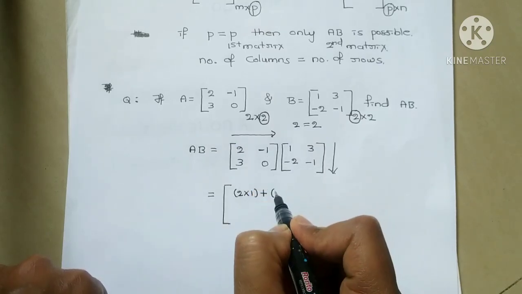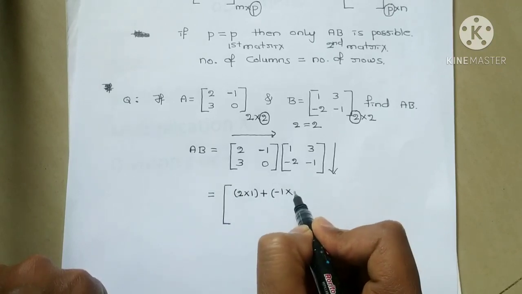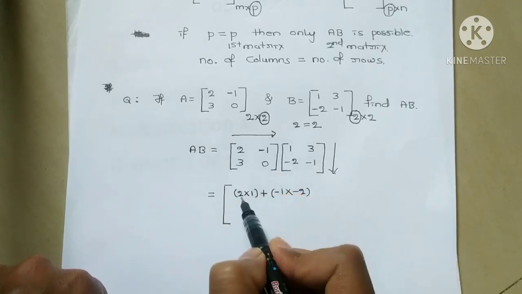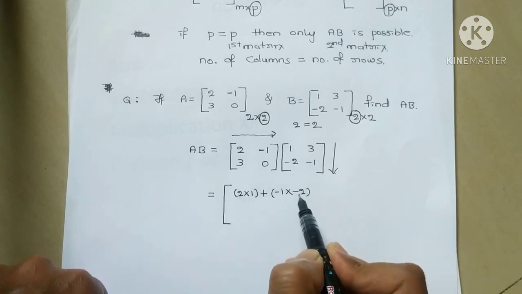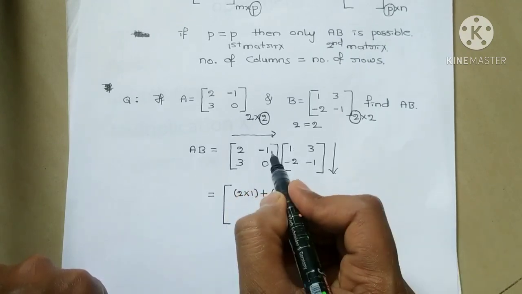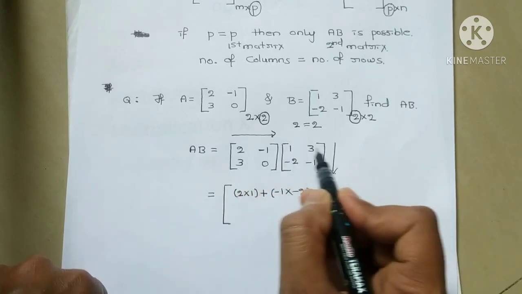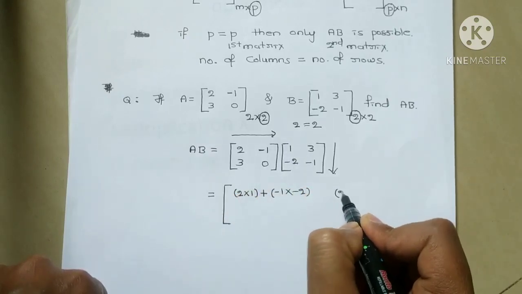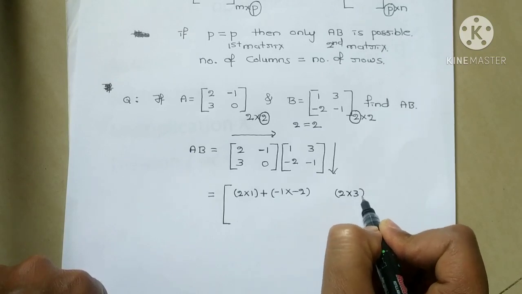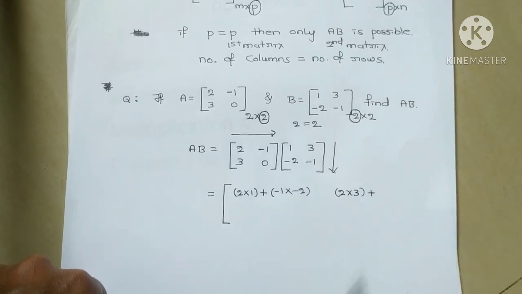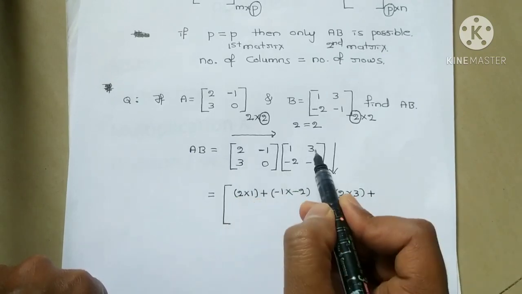Next, minus 1 into minus 2. That is first row, first column. Next, first row you go with second column now. 2 into 3, middle always plus sign. Next, second row, second column.